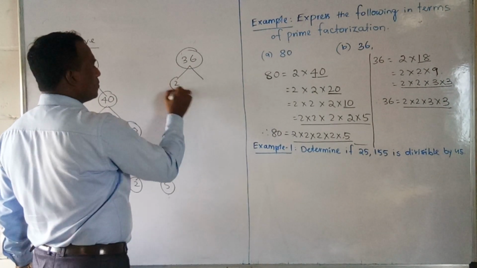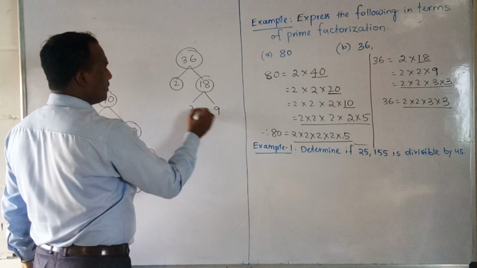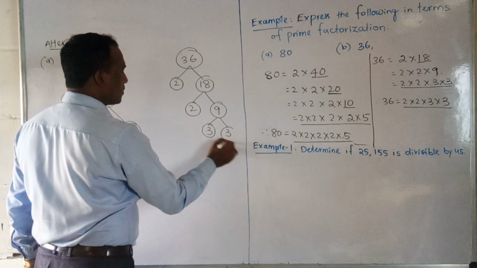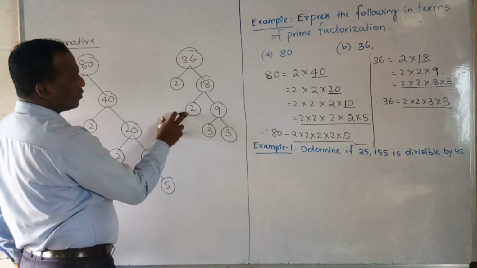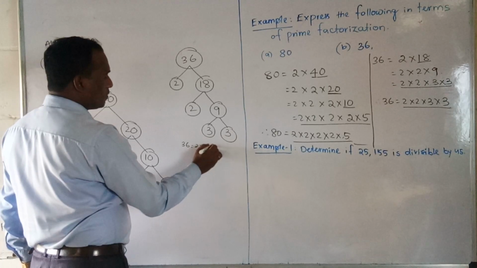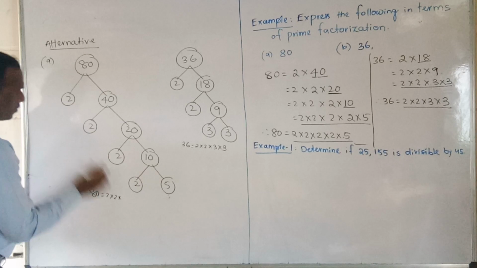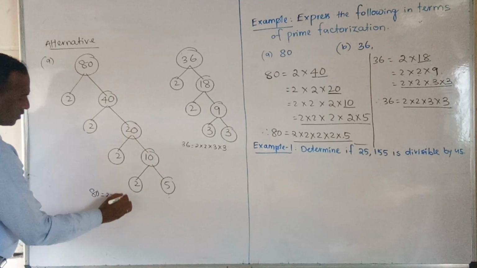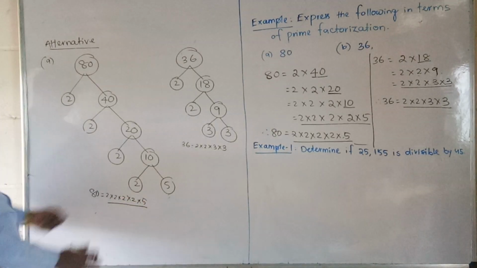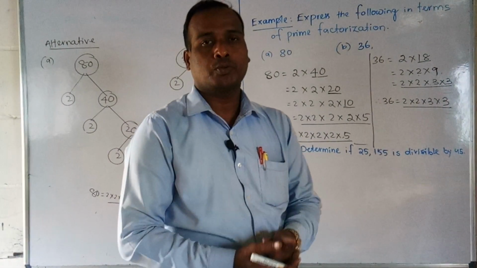We can do 2 into 18, this we can do 2 into 9, this you can do 3 into 3. Hence 36 is equal to 2 into 2 into 3 into 3. Here 80 is equal to 2 into 2 into 2 into 2 into 5. These are the prime factors. Did you understand? Like that way also, by the tree method, we can do.